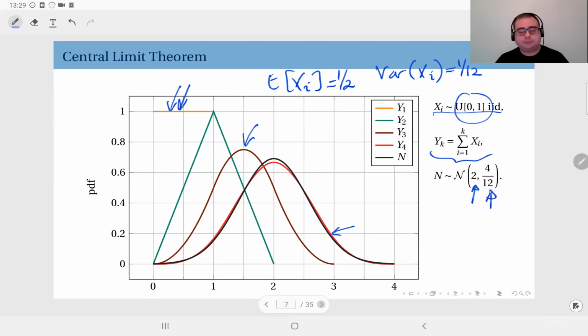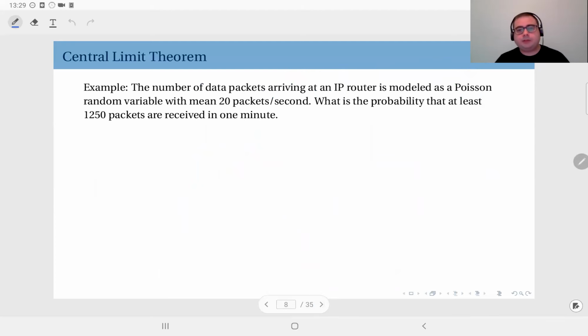Here's an example. The number of data packets arriving at an IP router is modeled as a Poisson random variable with a mean of 20 packets per second. What is the probability that at least 1250 packets are received in 1 minute? We have a period of 1 second in which the mean number of arrivals is 20.